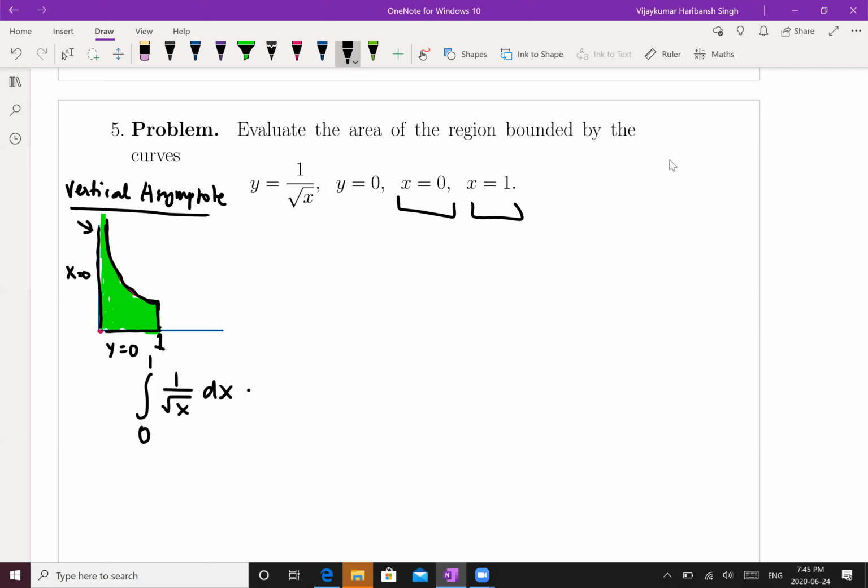Now, here we have a problem. The problem is 1 by square root of x is not defined on all of the interval. It is not defined at 0.